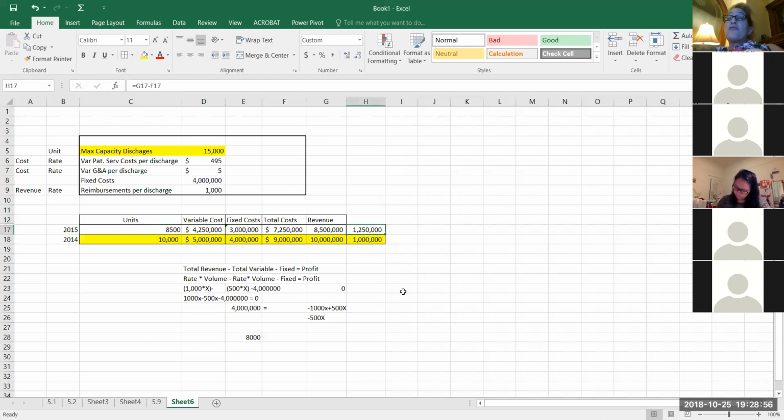Is there anything else you could think of that you could have done to impact your profit besides reducing your fixed costs? Charging people more money? That's right. You could have negotiated a higher rate. But if you have a competitor nearby, that might have been hard to charge more. But you could have gone after your variable costs, couldn't you?